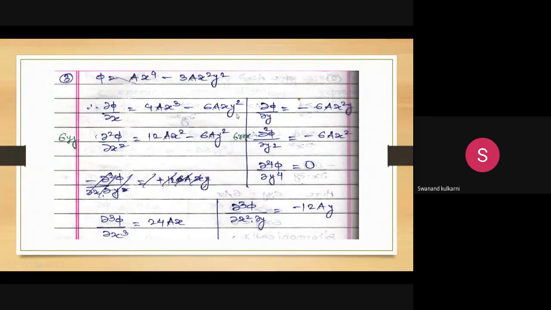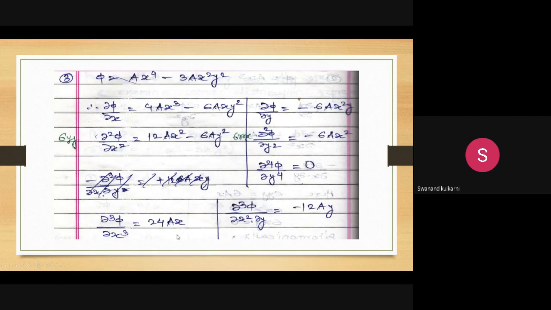In that third differentiation, definitely the minus term and the remaining term will be equal to 0, because after differentiating this term with respect to x, it will be regarded as constant. But if we differentiate this term here, ∂³φ/∂x³ will be equal to 12 into 2, is equal to 24ax.